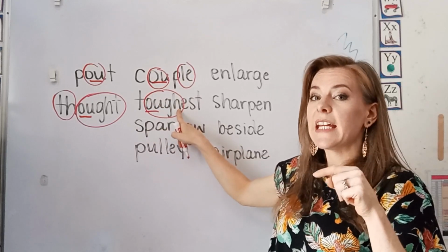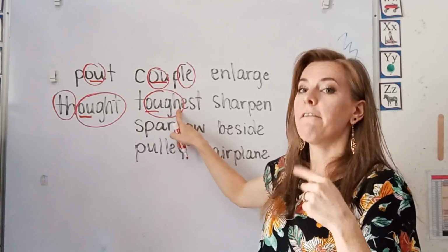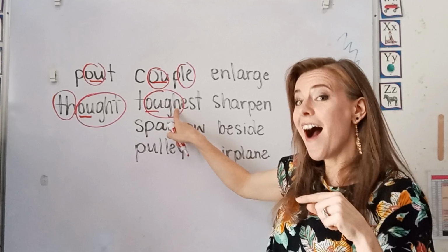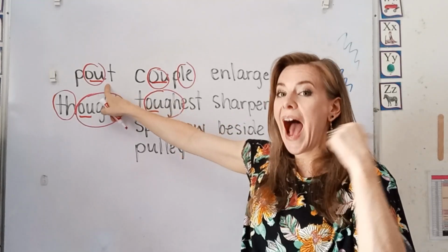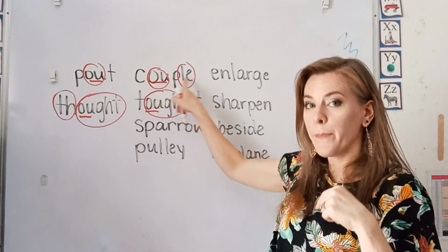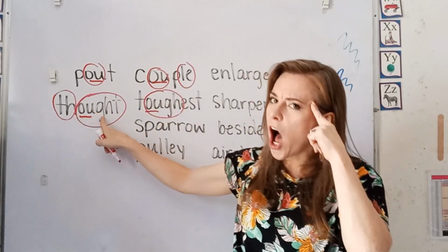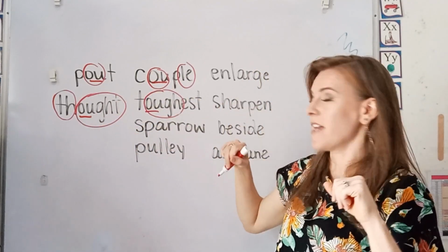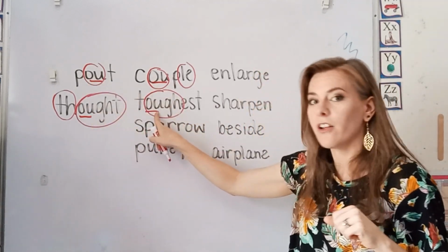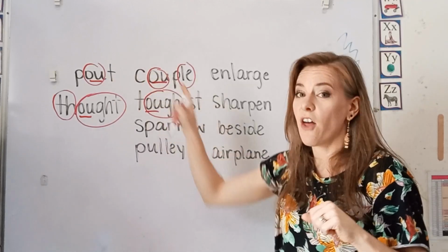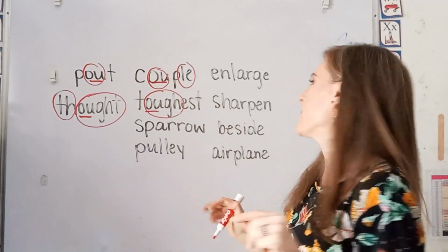Without the T, it says uff, uff, uff. T, uff, est, toughest. Okay? So pout, couple, thought, toughest. Okay? So even though you have the OU in all of these special sounds, they all make different sounds. They're different. All right?